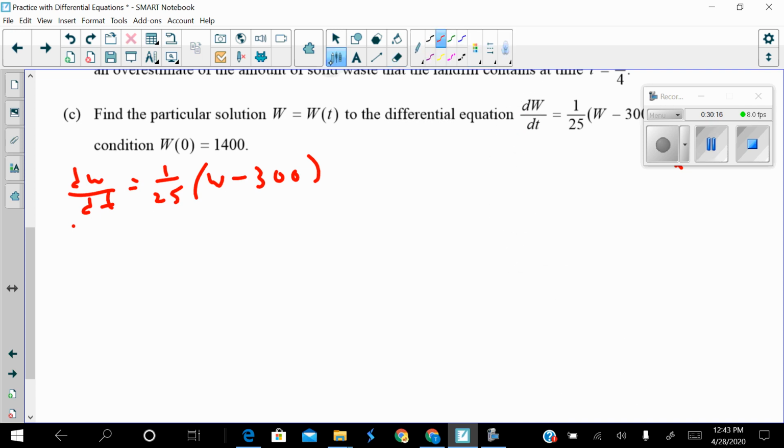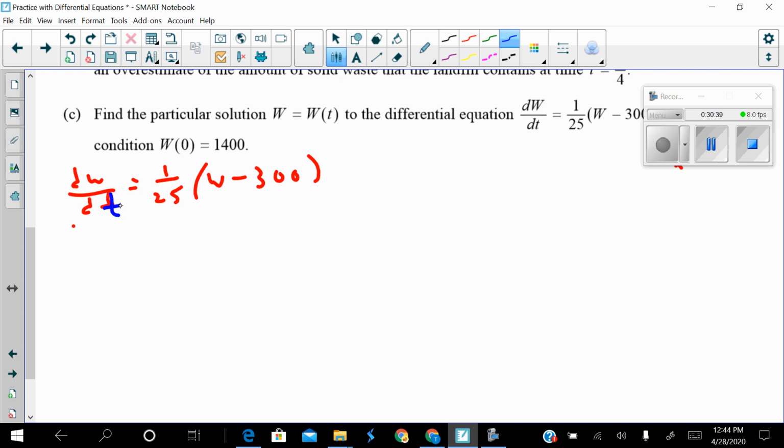Okay, so let's go blue. Find a particular solution. So get the function W of t, starting with that condition. The first thing you have to do, you see how our derivative dw over dt, the independent variable is t.